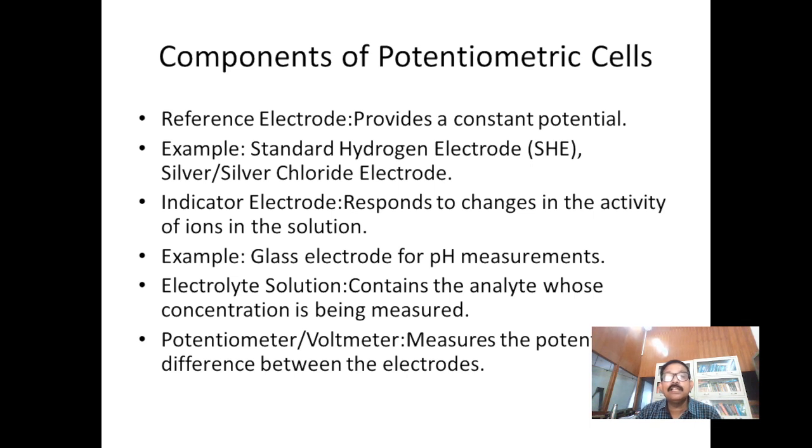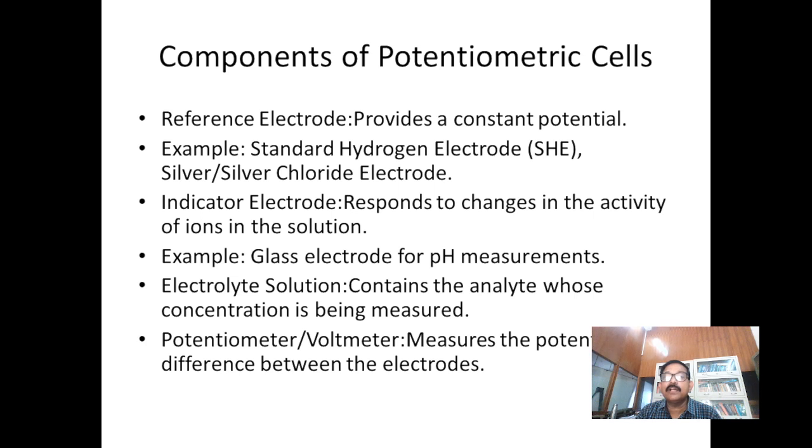That potential is detected by the indicator electrode, not by the reference electrode. We have to remember that the reference electrode potential is constant throughout the titration, whereas the indicator electrode potential varies according to the titration.